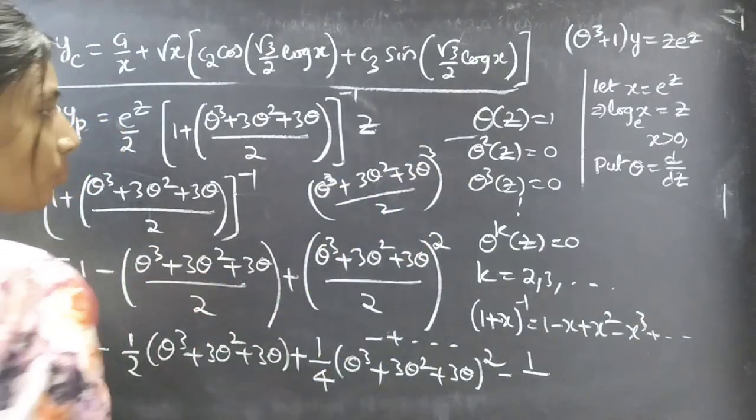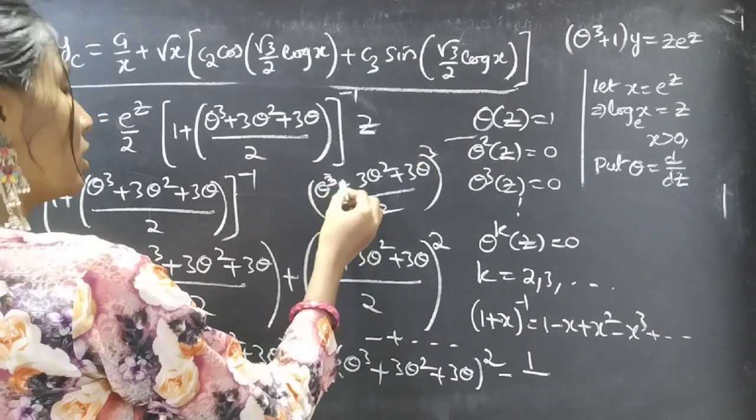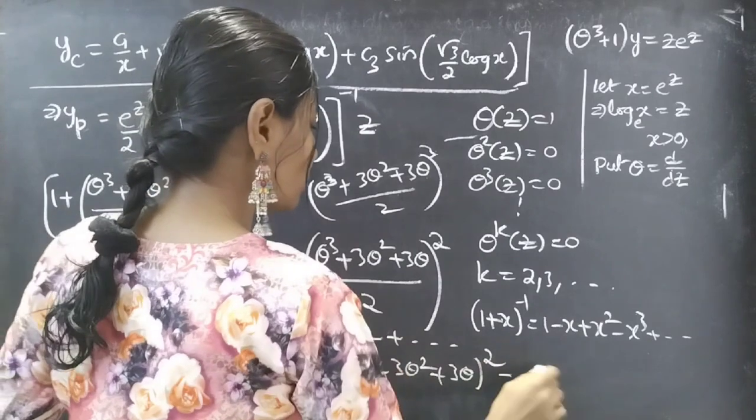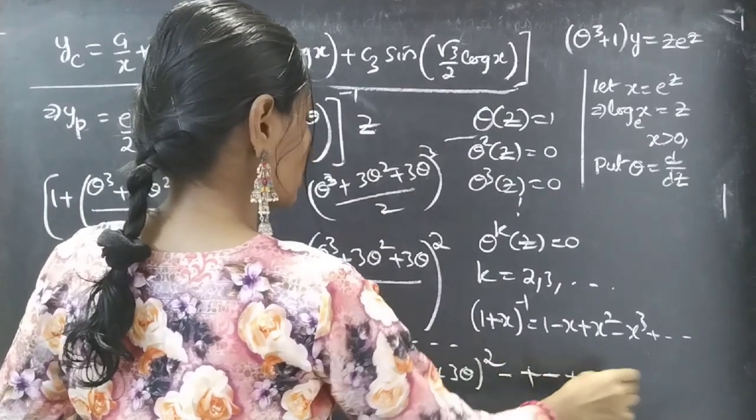From this we'll get 1 by 2 cube into theta cube plus 3 theta square plus 3 theta whole cube. So I'll just write plus minus plus minus plus and so on.